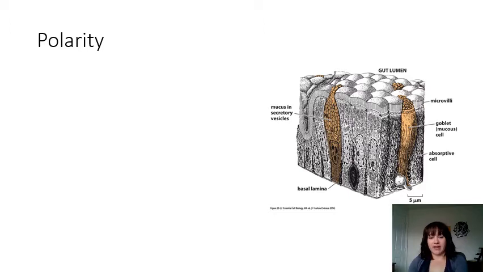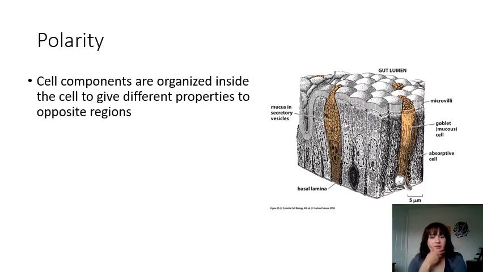Now here we have another example, a drawing of some epithelial tissue. These polarized cells we have on the top facing the gut lumen, the apical side. On the bottom, we have the basal side that is interacting with the basal lamina. And it's important for these cells to be polarized because depending on what side of the tissue you're looking at, you have different functions, right?